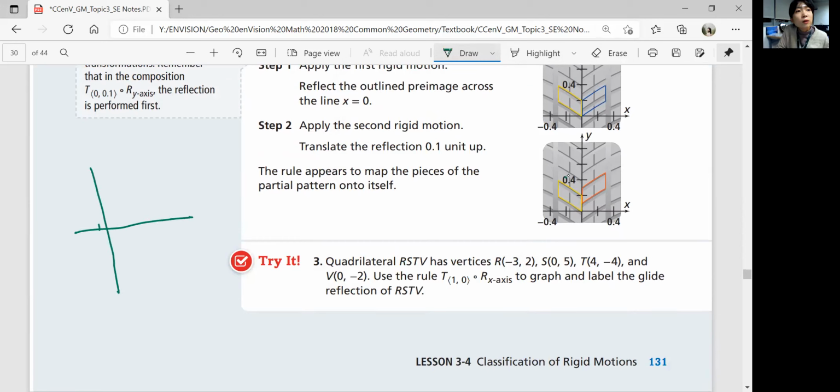We have -1, 2 for R, 3, 2 for S, 4, 1 for T, and 0, -2 for V. Okay. Connect these dots.